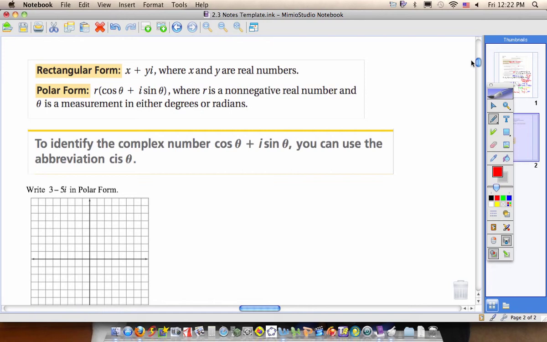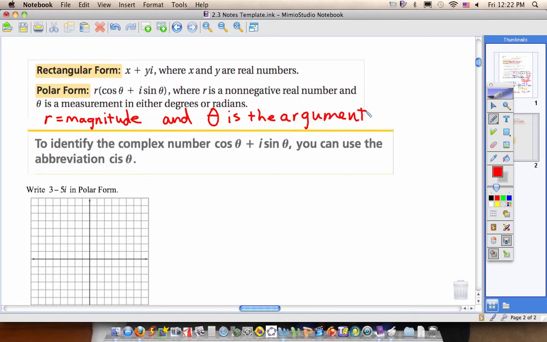So then we're just going to formalize a little bit. Rectangular form again is your xy coordinate system you have. Polar form, you have r, which is basically the magnitude, which is that distance from 0, 0.